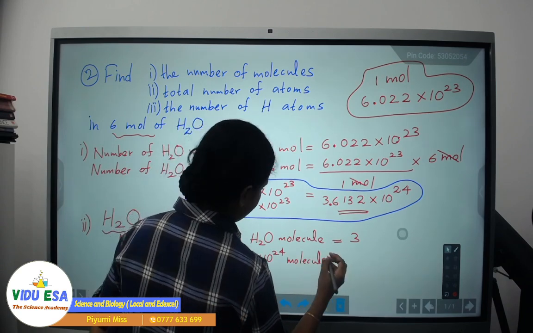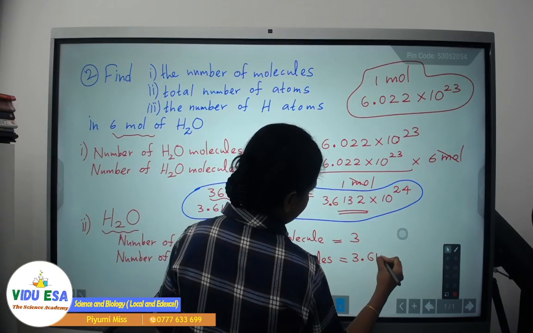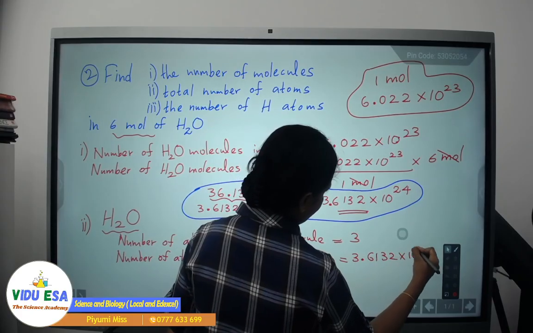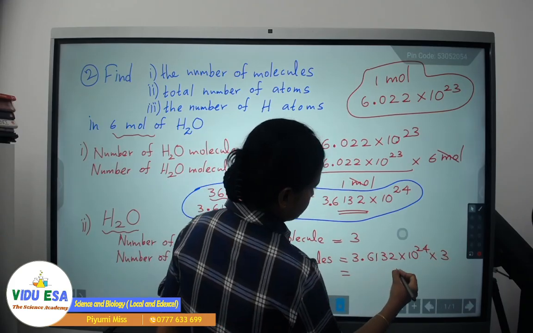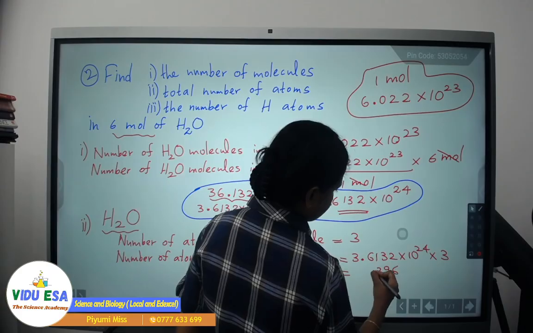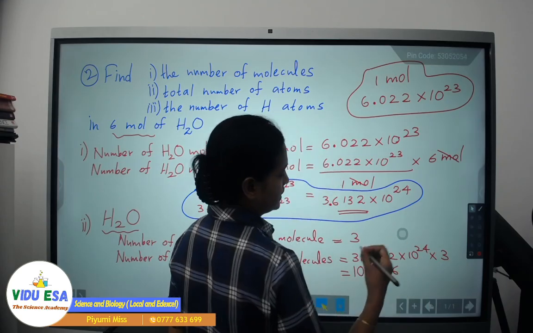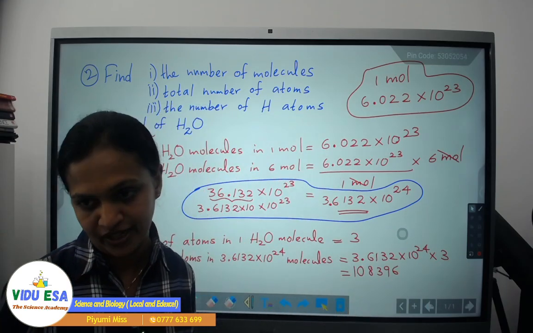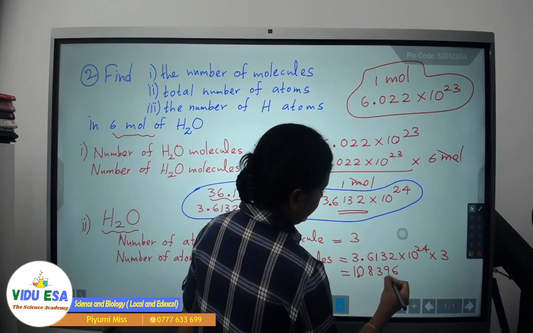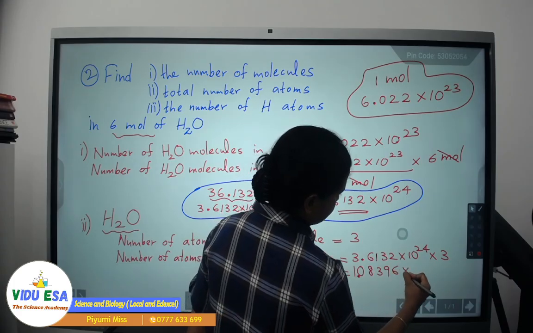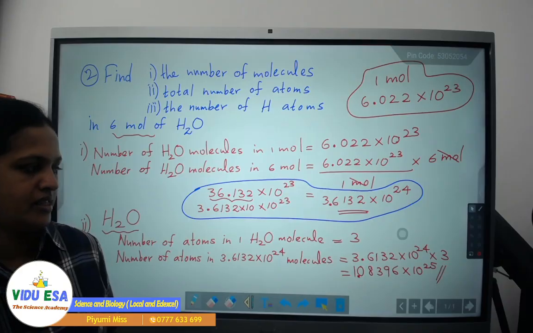So you have to multiply this value by 3. 3.6132 into 10 to the power 24 multiplied by 3. That is 10.8396 into 10 to the power 24. Therefore, I write it as 1.08396 into 10 to the power 25. Right? You will get something similar to this.